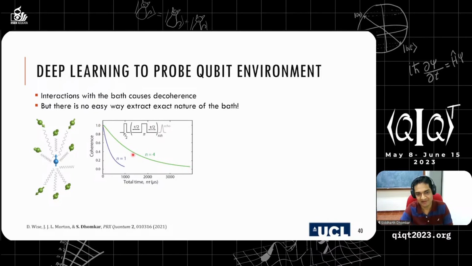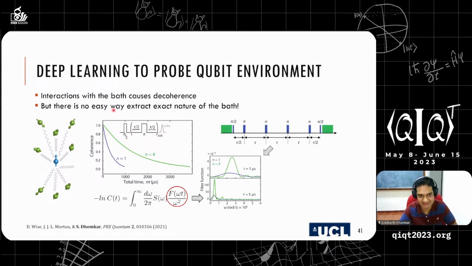Now, when I say indirect, what I mean is that if you can solve this integral equation, then you can actually know something about the environment, which is quantum sensitive, right? So let me explain what this expression is. This is the decay. Basically, this is how the coherence is decaying.